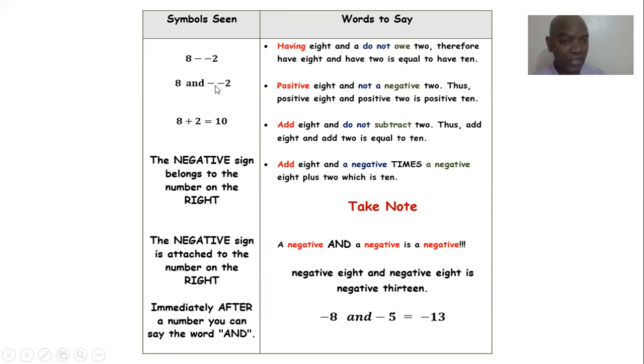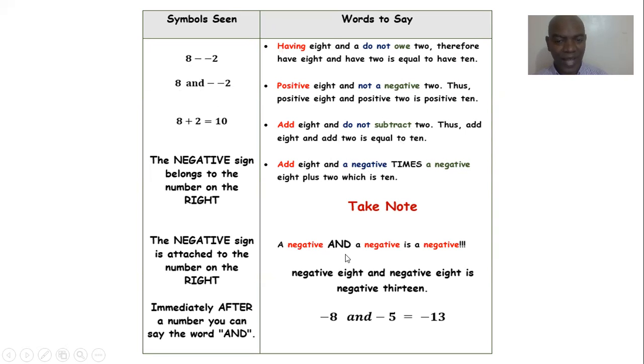Again, you can apply the 2 sign rule: 2 negatives multiplying will give you a positive. You can also say add 8 and do not subtract 2. Add 8, and do not subtract 2. Okay. Add 8, negative times negative 2 will give you a positive. So you can see all of these, all right? And this becomes 8 plus 2, which will give you 10.